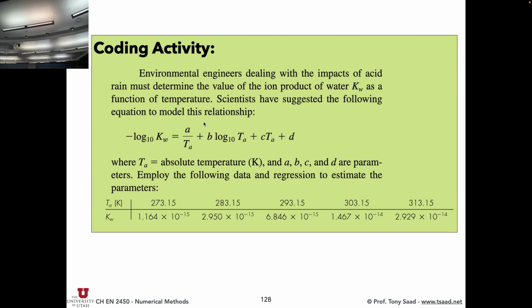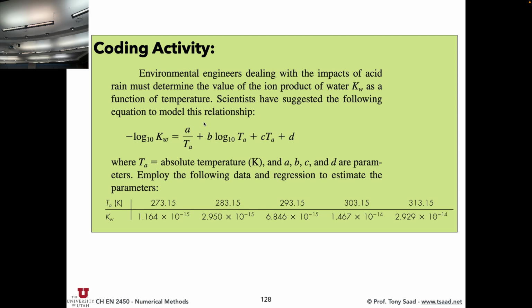So the first question to ask is: is this a linear regression problem? You're solving for log Kw. It is linear, because all I care about are the coefficients. How do they show up? They show up linearly. A, B, C, and D are not under the action of sine or cosine, or under weird functions combined with the independent variable.